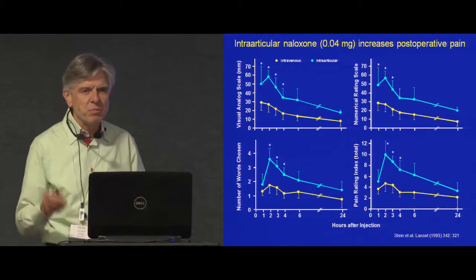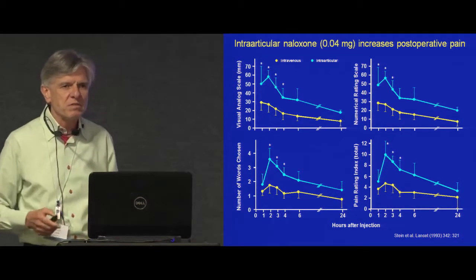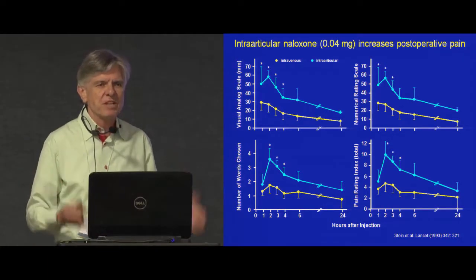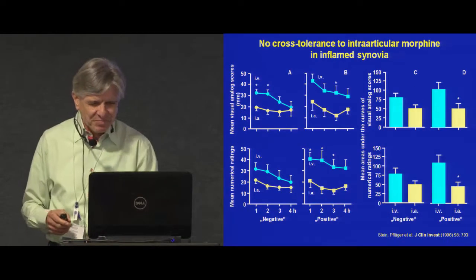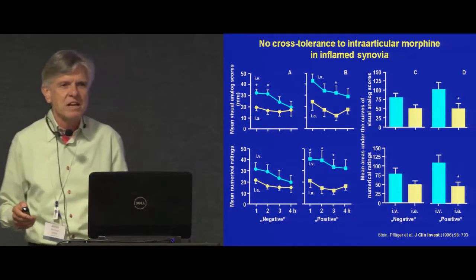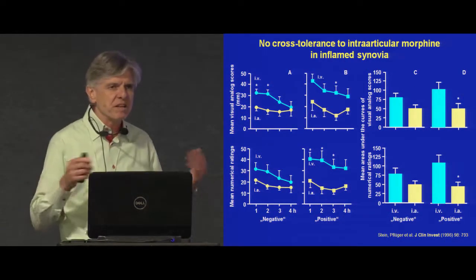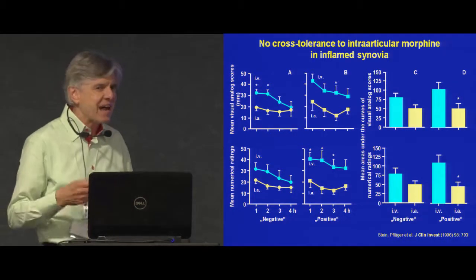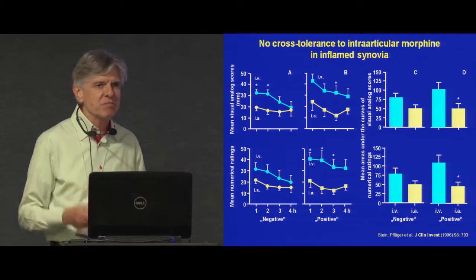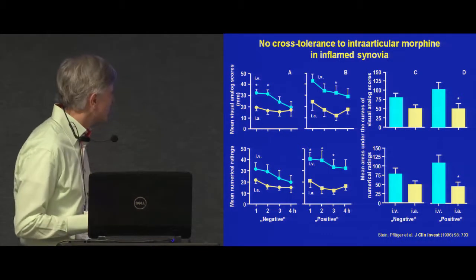So that means when you block the peripheral opioid receptors in the joint, the patients have more pain. How does this happen? It happens because the beta endorphin that's released from the inflammatory cells cannot access the receptor and cannot produce pain relief anymore.